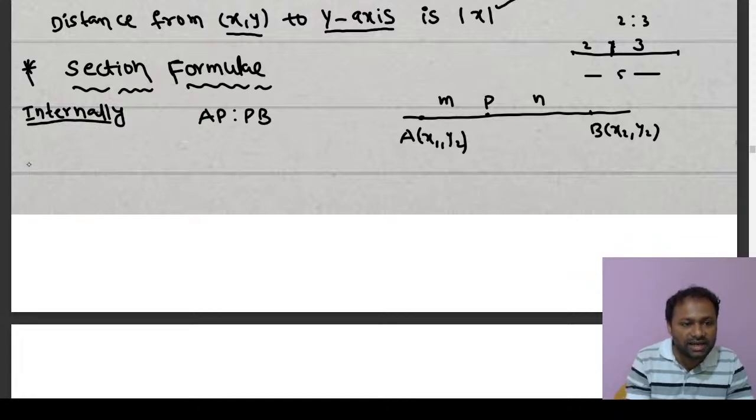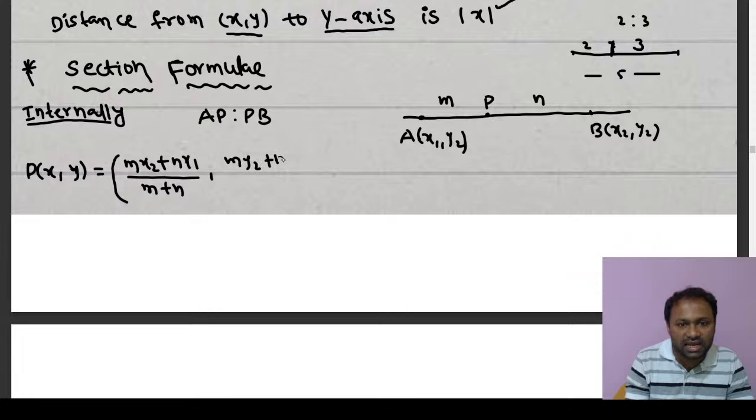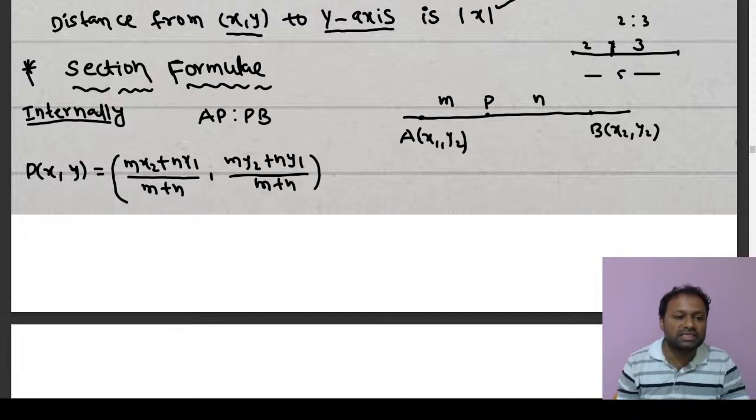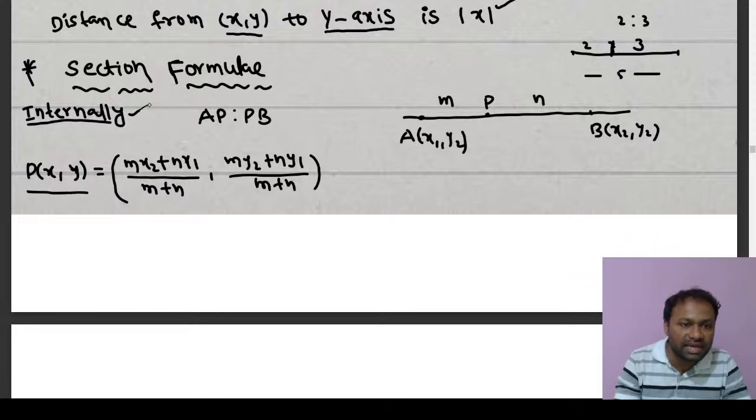The point can be represented like this: P of x comma y is equal to (m x2 plus n x1) upon (m plus n), next (m y2 plus n y1) upon (m plus n). So this is the way to represent the point which divides AB internally.